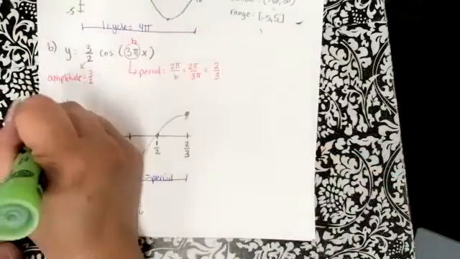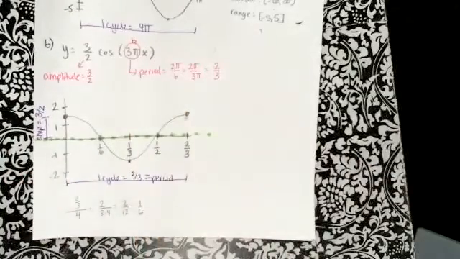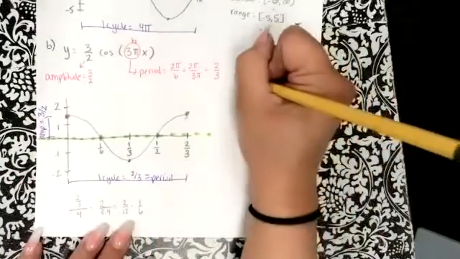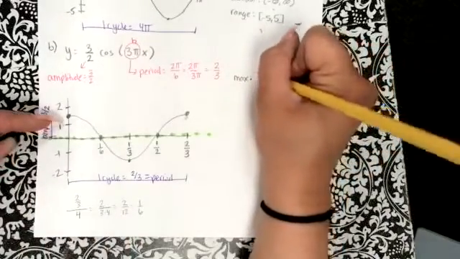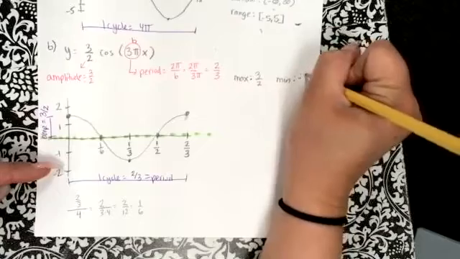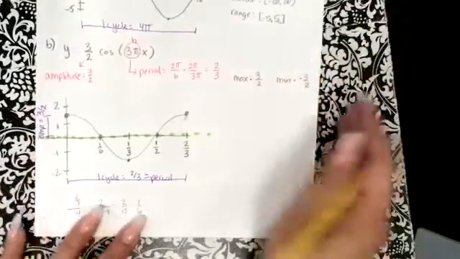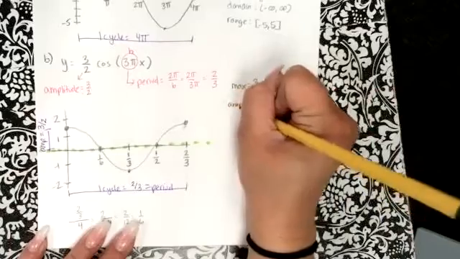Here's my midline. So the max here is going to be 3/2. The minimum here is going to be -3/2. The amplitude is the 3/2.